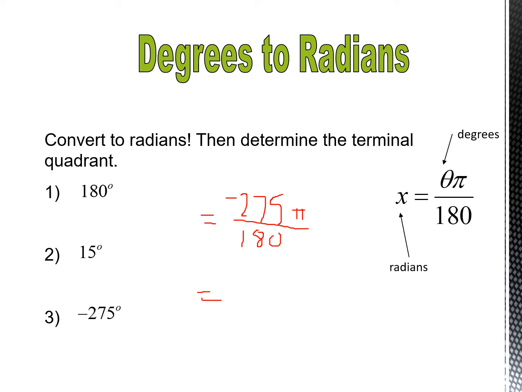Reduce it down properly, we should get negative 55 pi over 36. Good.